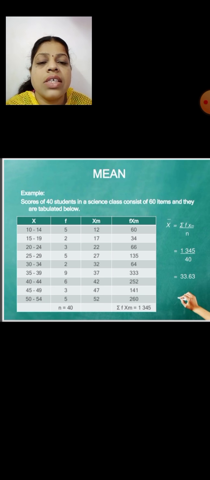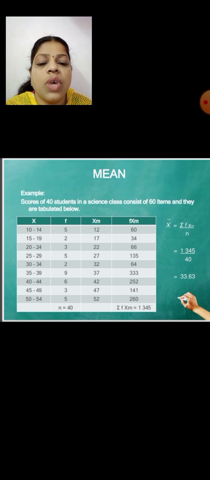The minimum number is 10 and the maximum number is 54. According to its magnitude, we have categorized into various class intervals and the corresponding frequencies are given, and the sum is small letter n equals 40.